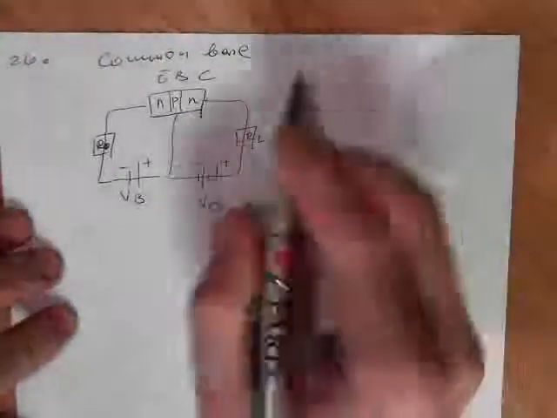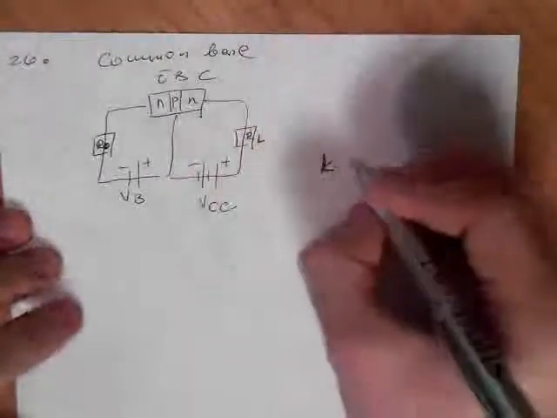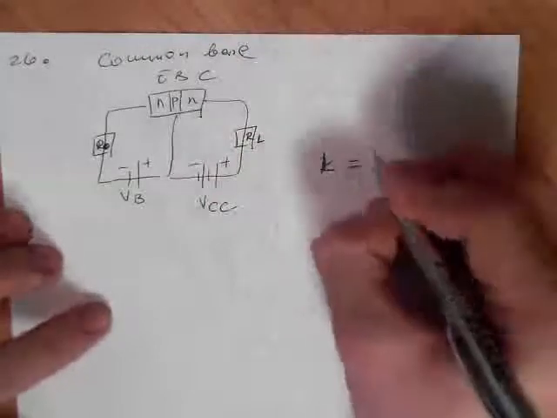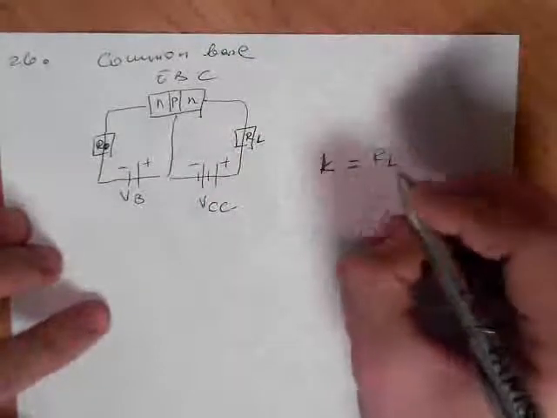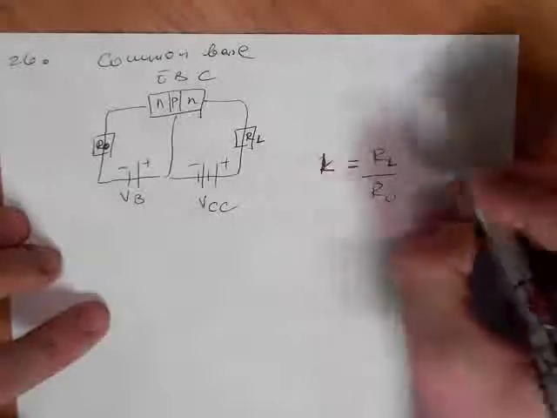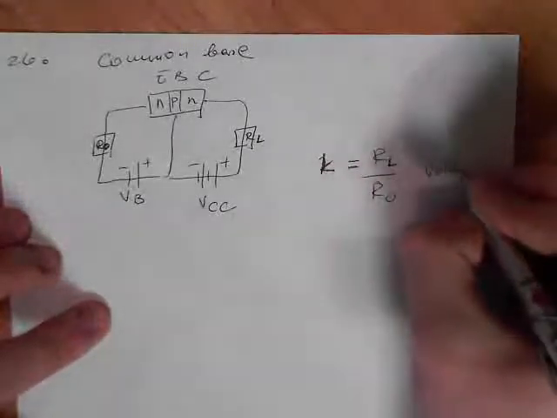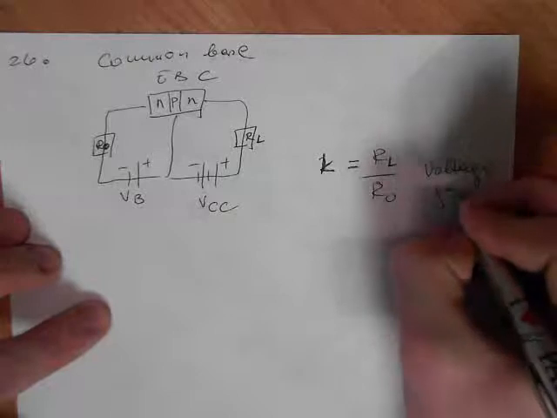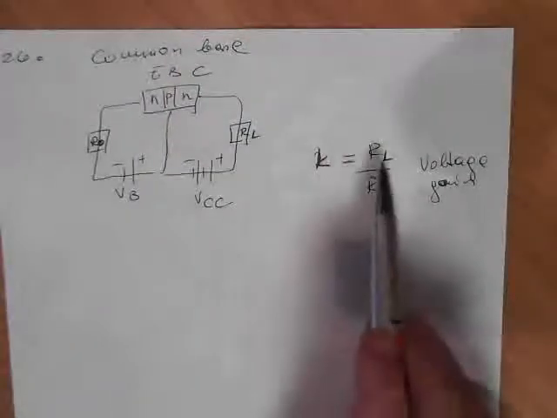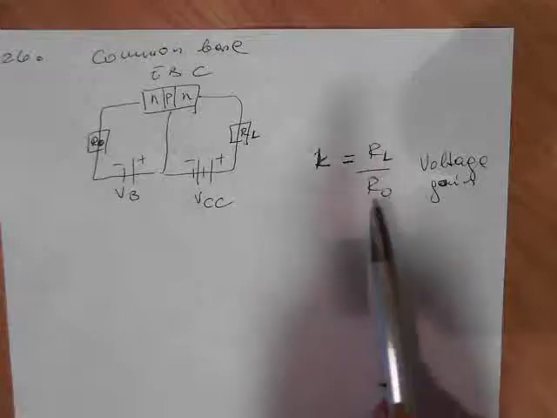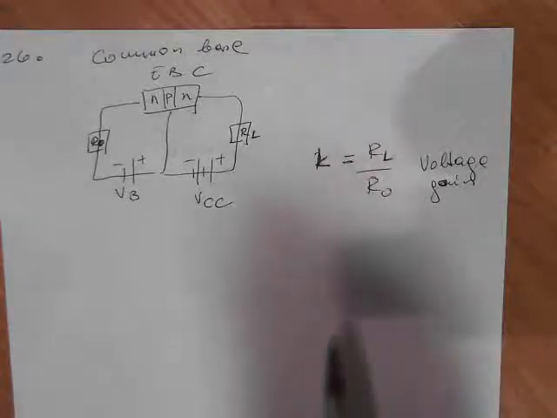In this common base we get voltage gain, only voltage gain, no current gain. The voltage gain is the ratio of RL divided by R0. So as RL is higher than R0, we get more increase in voltage.